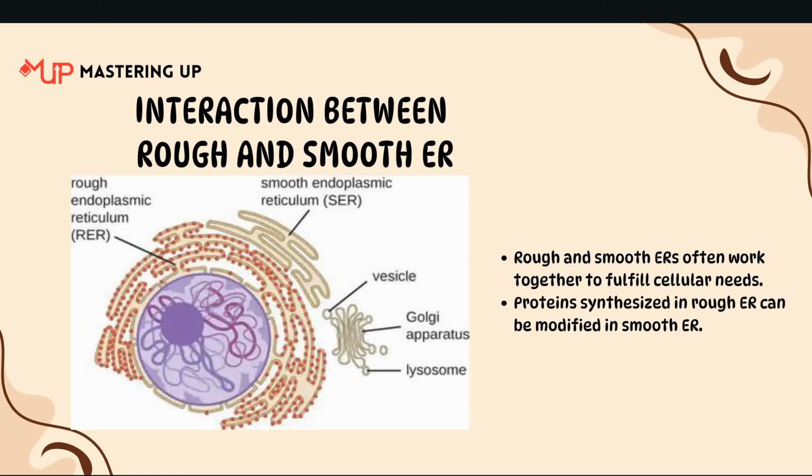Now let's see the interactions between rough and smooth endoplasmic reticulum. Though the rough and smooth ER perform different functions, they often work together. For example, after proteins are synthesized in the rough endoplasmic reticulum, they can be further modified by the smooth endoplasmic reticulum or transported to other parts of the cell.